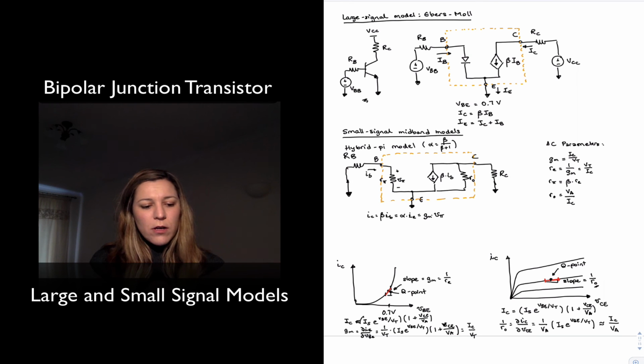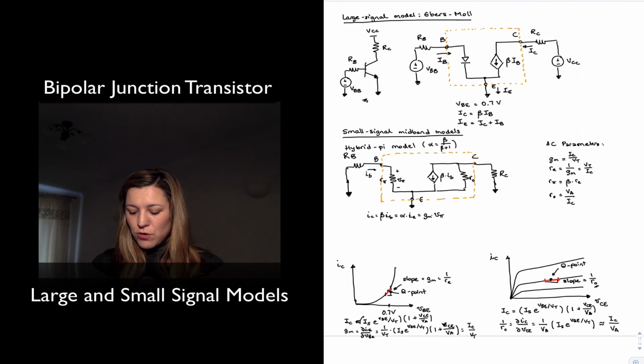There is one additional model that is sometimes useful to analyze, and that is the T model. Again, it's just a different way of representing the behavior of the transistor. I'm going to go ahead and do it right next to here. Maybe I should move my AC parameters somewhere else.